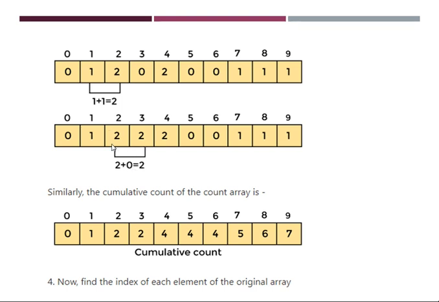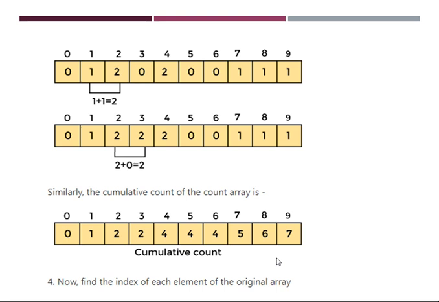Okay, so we are just adding them together. Cumulative count. Similarly, the cumulative count of the count array is given by this, right? So the cumulative count is given by this: 0, 1, 2, 2, 4, 4, 4, 5, 6 and 7.